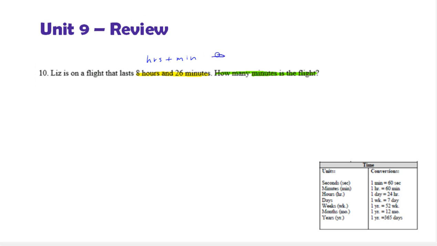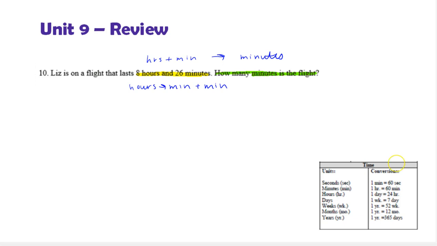And we want to change to only minutes. So we need to convert hours to minutes, and then add on the remaining minutes. So we're going to write 8 hours in minutes and then add the 26 onto that result.